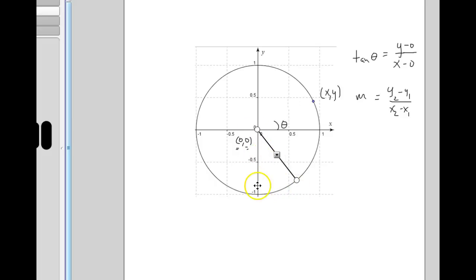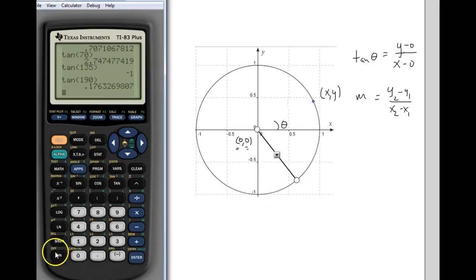This is 270 degrees, so 90, 90, 90, that's 270, so something bigger than 270 but not quite 360, something like the tangent of 310, just to have a number in that range. You see we're back to the negative. So the tangent is the slope of the line segment that connects the center of the unit circle to a point on the unit circle.